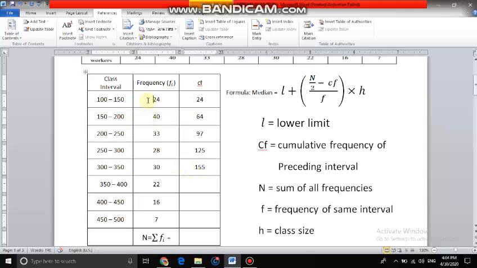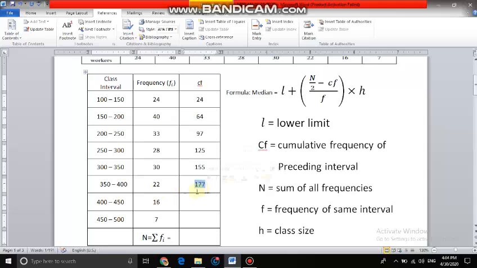Instead of adding all these numbers again and again, I know that till here the sum of the numbers is 155. So just add 22 to this 155, which gives 177.